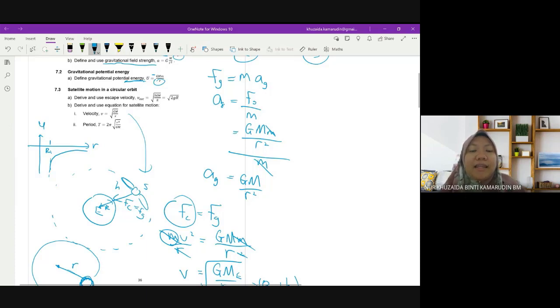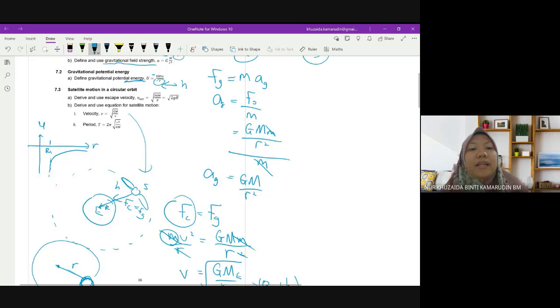Kita tak pernah nak kira potential energy inside the earth. So potential energy hanya start daripada surface of the earth sehinggalah infinity. So now R over here will be the altitude sahaja. Jarak daripada objek tersebut sehingga surface of the earth sahaja. Kita tak masukkan radius of the earth.